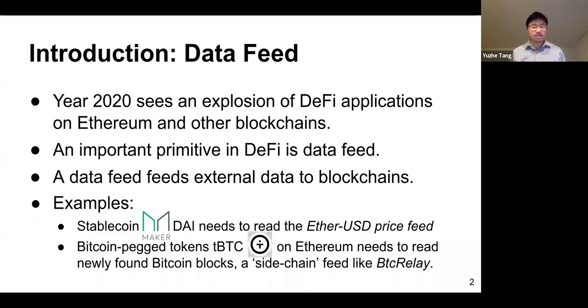For another instance, tBTC, which is a Bitcoin-backed token, allows a Bitcoin owner to do business or transactions with an Ether owner on the Ethereum platform. In order to run tBTC, Ethereum needs to read newly mined Bitcoin blocks. So this requires essentially a data feed called a sidechain.